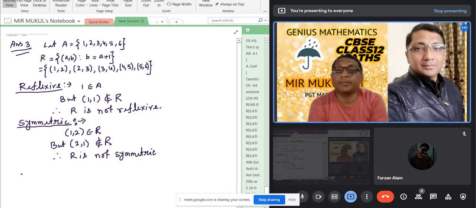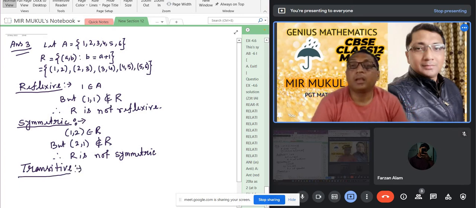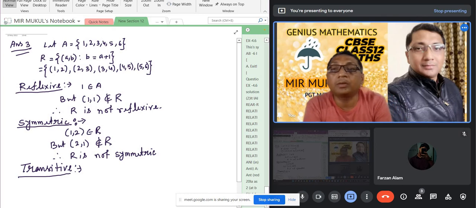For transitive, check (2, 3) and (3, 4) belong to R, but is (2, 4) present here?